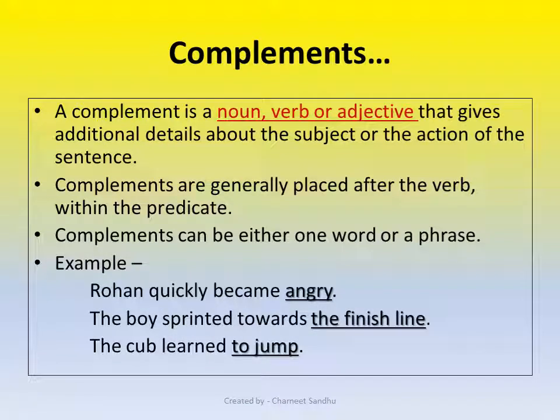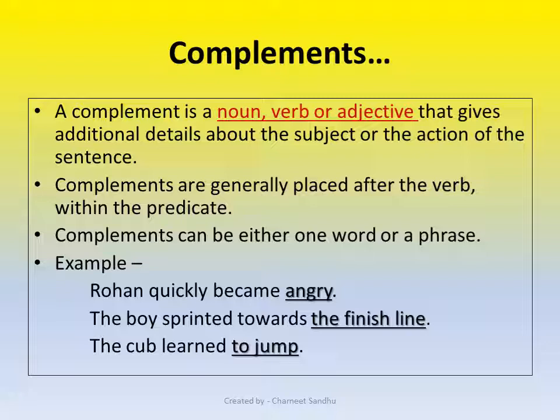Let us look at a few examples to understand this concept well. Rohan quickly became angry. Here in the sentence, Rohan is the subject. Became is the helping verb and angry is the complement. Now here you can see that the complement comes right after the verb.